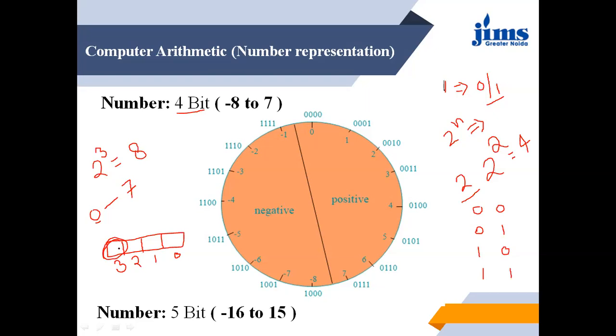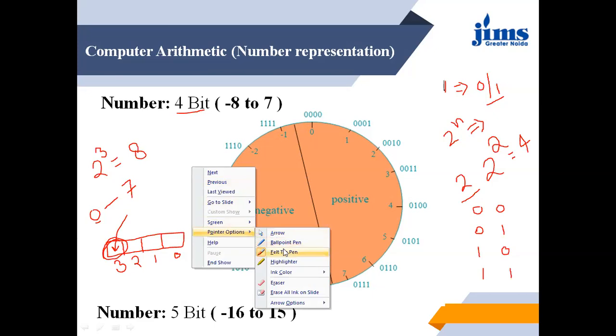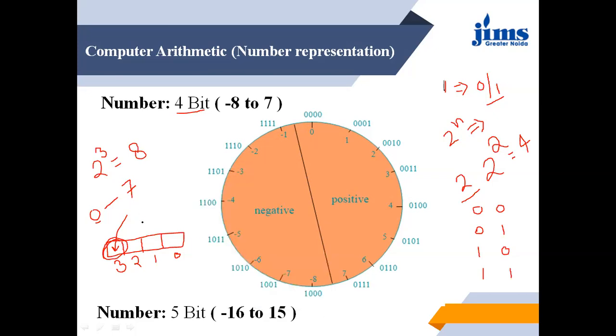This bit is used to represent whether a number is positive or negative. So this sign tells that the value of this number can be positive or negative.